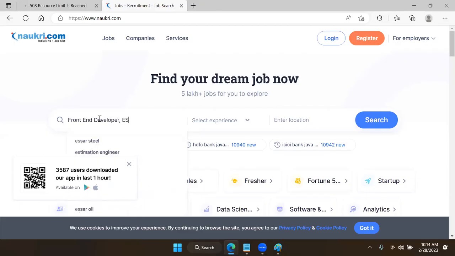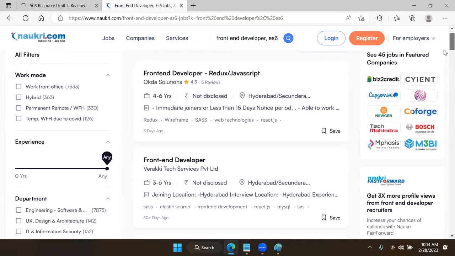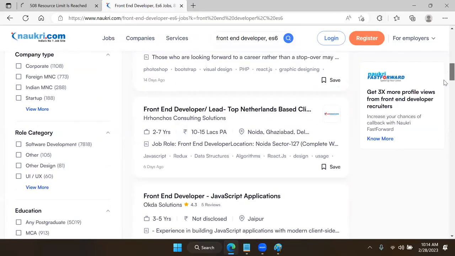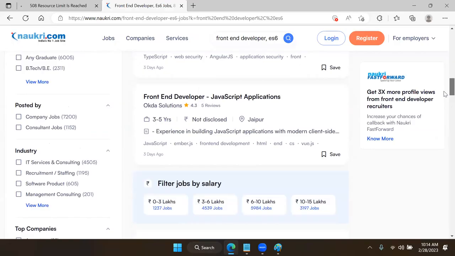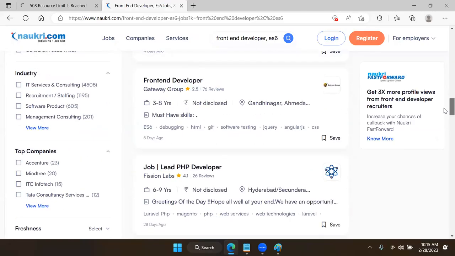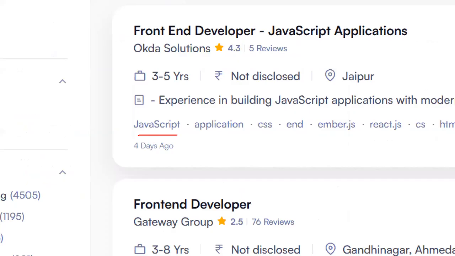So you can search specially for an ES6 or similar version here. You can see front-end developers for JavaScript. Especially some companies will ask the version. Some people will just say any version is okay for us. That means they will just mention that you need to have knowledge of JavaScript.